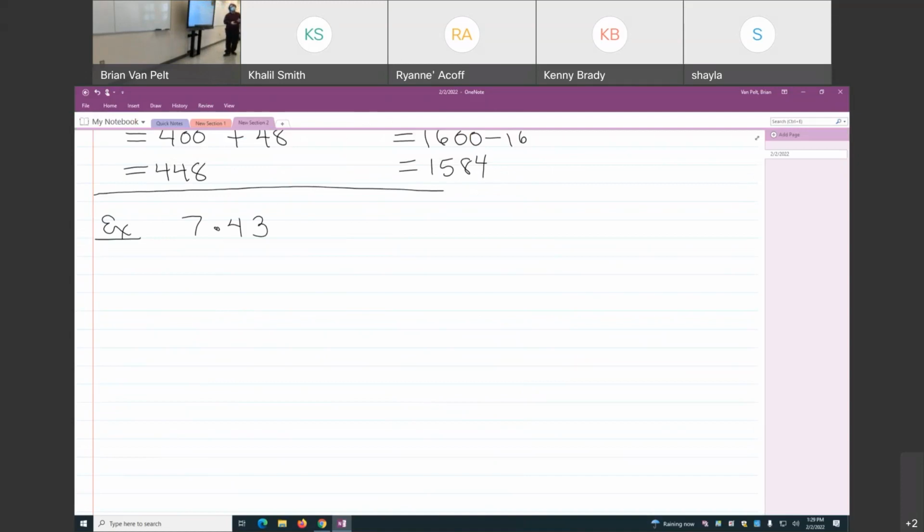Using my method, like I invented it, how do you think I'm going to break up the 43? 40 plus 3. The reason why those numbers are good is because I'm thinking of 4, and 7 times 4 is an easy multiplication.